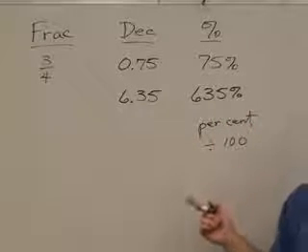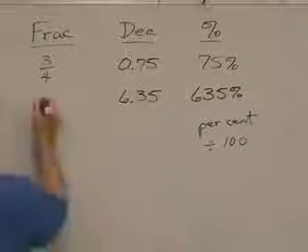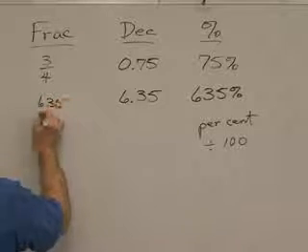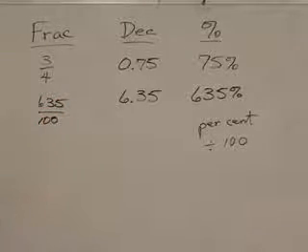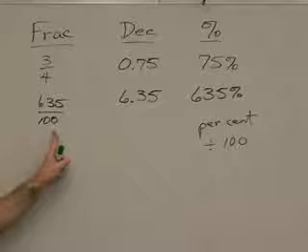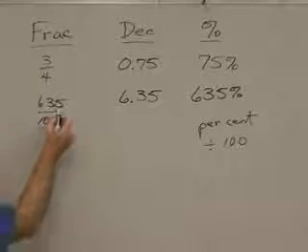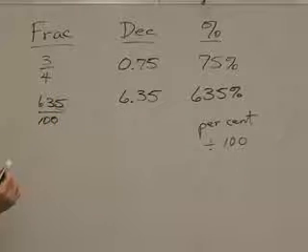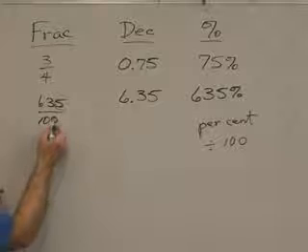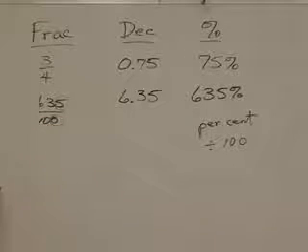Sounds like a fraction to me, doesn't it? 635 divided by 100. That's the fractional equivalent of that. Now, that's not in its lowest terms, is it? Because something ending in 5 we know is divisible by 5. Something that ends with a 0 is also divisible by 5, isn't it? So we know that 5 is going to divide both of those.